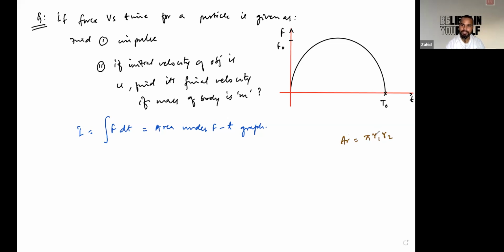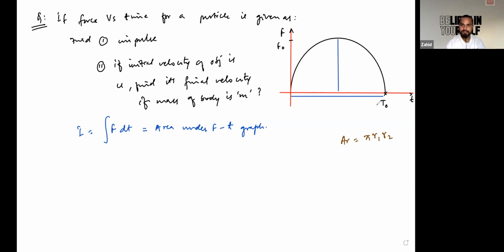R1 would be along the x-axis and R2 along the y-axis. From this point to this point is the diameter of this curve, and from this point to this point is the radius in the other coordinate.